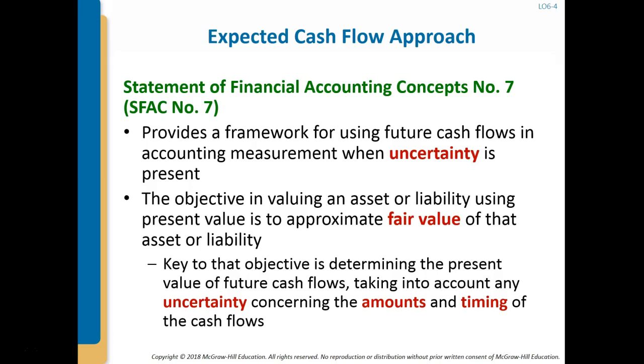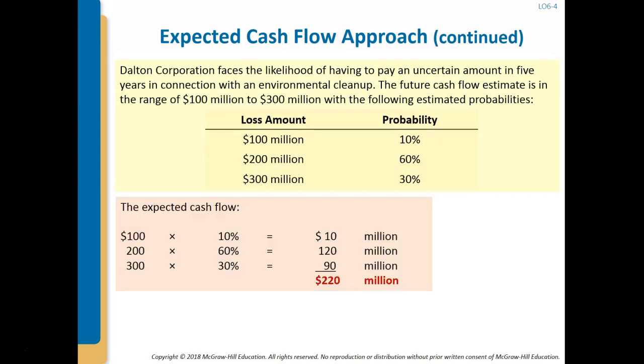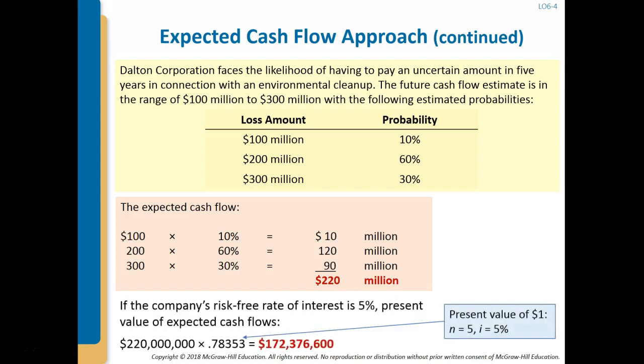Although future cash flows in many instances are contractual and certain, the amounts and timing of cash flows are less certain in other situations. Traditionally, the way uncertainty has been considered in present value calculations has been by finding the present value of the best estimated future cash flows, applying an interest rate that's been adjusted to reflect the uncertainty or risk of those cash flows.